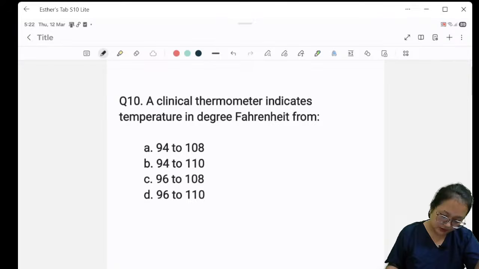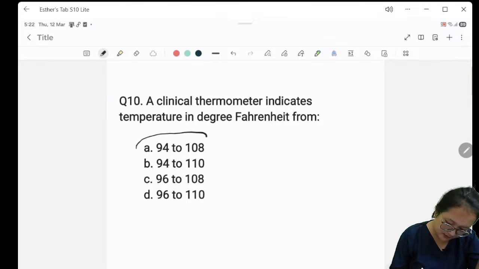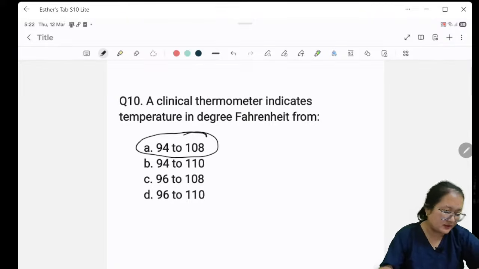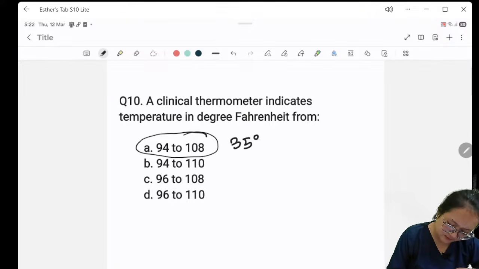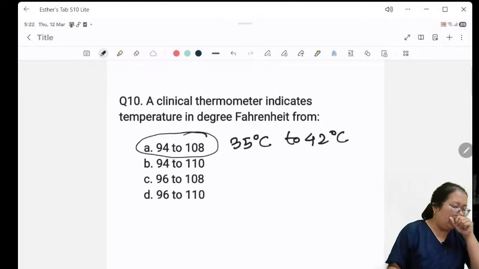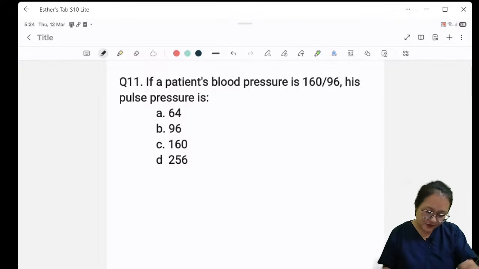So here the right answer is A, 94 to 108. It's from 35 degrees Celsius to 42 degrees Celsius. Okay, next question we have.